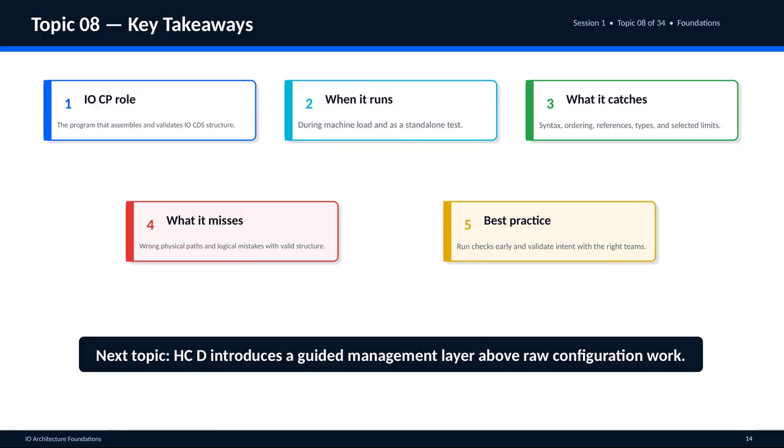It cannot know whether a valid address is the intended address or whether the physical environment matches the written map. So the safest approach is to run IOCP early, fix all assembly errors, and then combine that result with careful review from the teams who understand storage, switches, and production risk. The next topic introduces HCD, which provides a guided management layer on top of this configuration ecosystem.